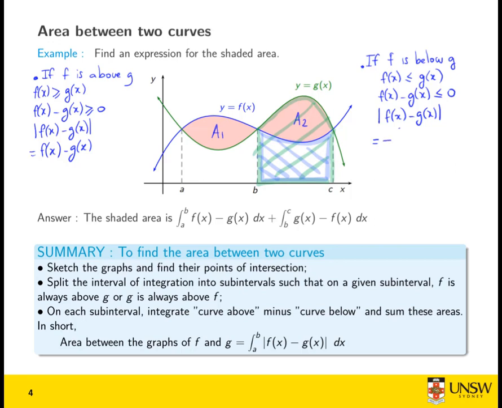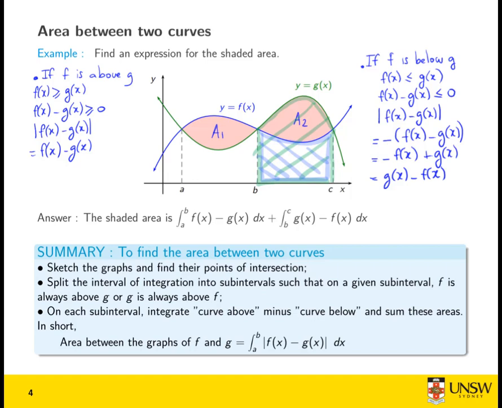When you want to take the absolute value of a negative number, you just need to put a negative sign in front of it. Now what we can do is distribute this negative sign, and what we will get is minus f of x plus g of x. In other words, g of x minus f of x.